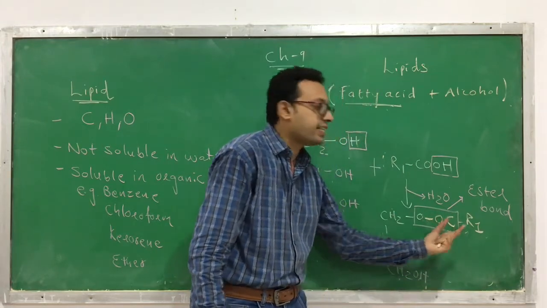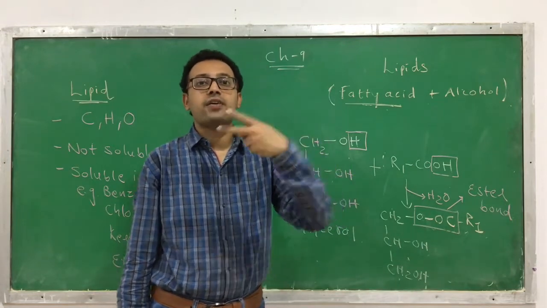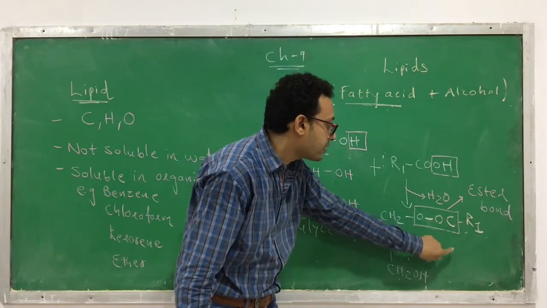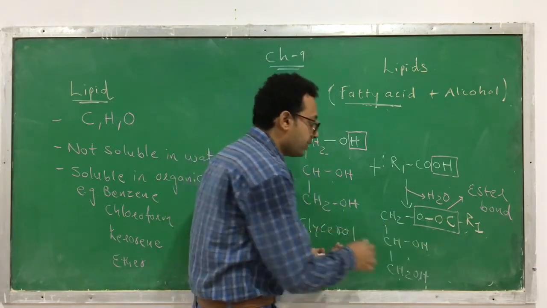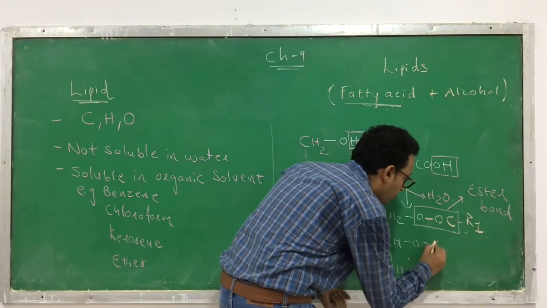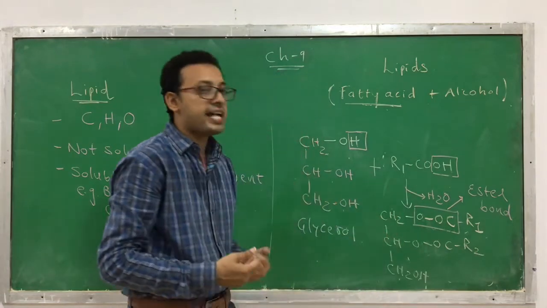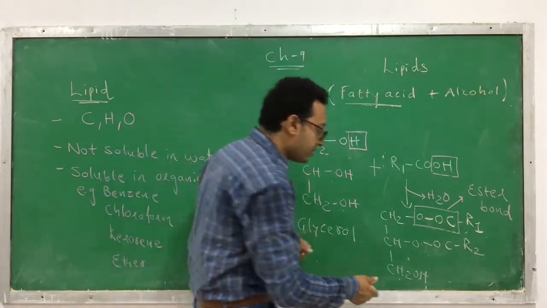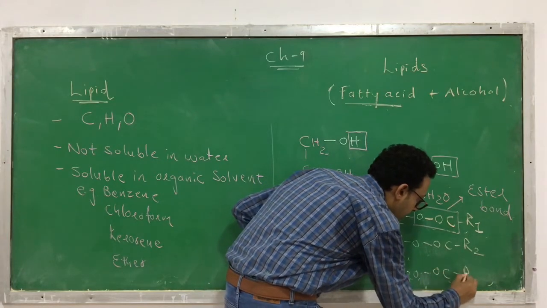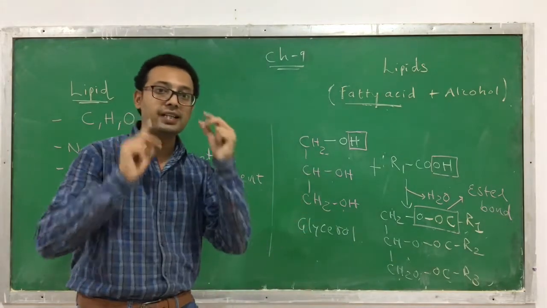But here, how many fatty acids? One. So this is called a monoglyceride. What is it called? Monoglyceride. If two, one is over here, second is over here, like see, if the second fatty acid OCR2, then this is called a diglyceride. If a third is attached, OCR3, here you can say three fatty acids are attached to one glycerol molecule.